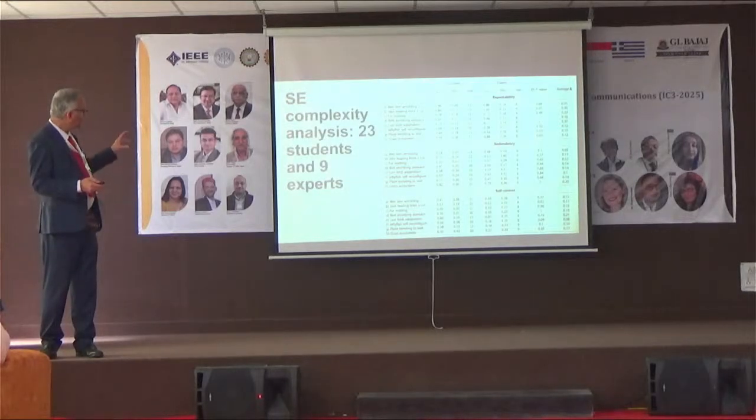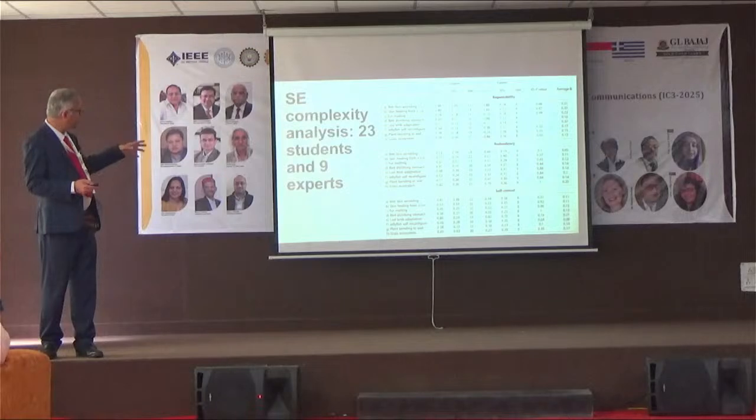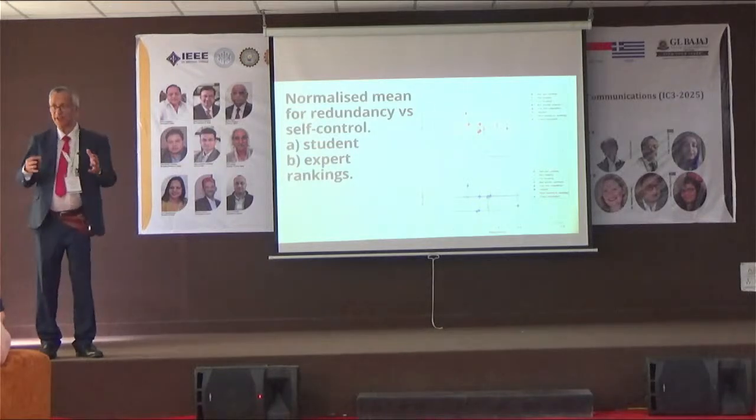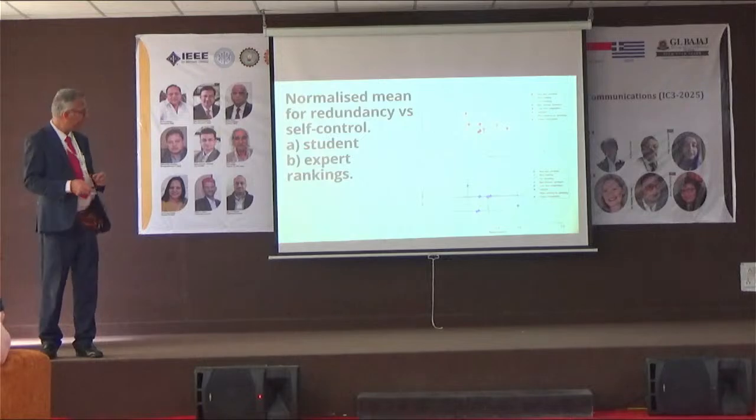And then we looked at complexity analysis of these with 23 students and 9 experts, and we looked at normalized mean for redundancy versus self-control. You can see here, self-control again came out as one of the important factors for these biological systems.